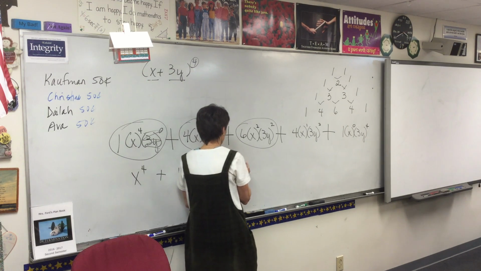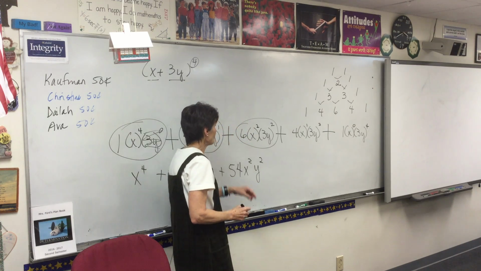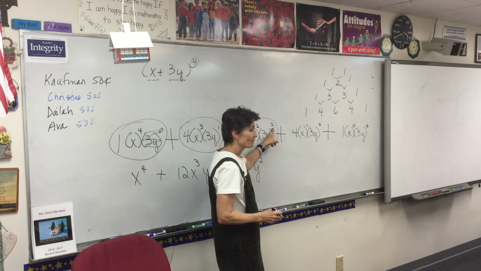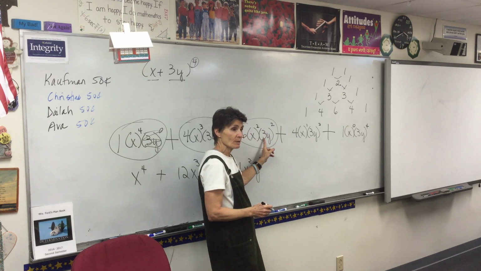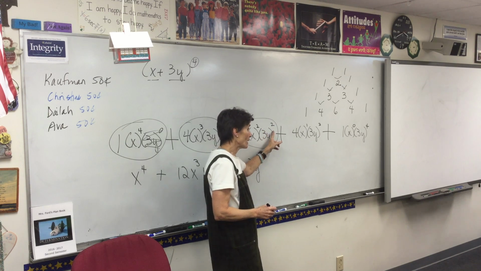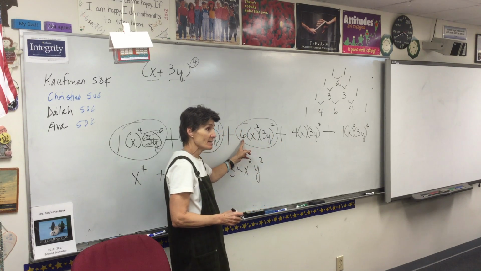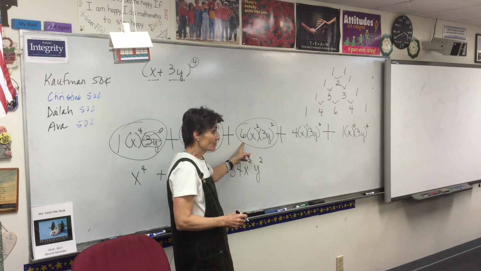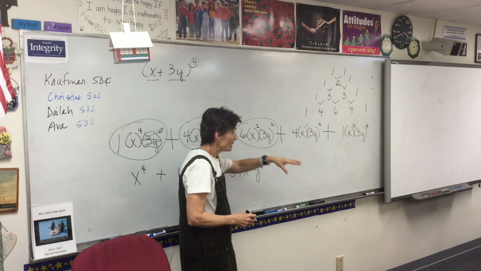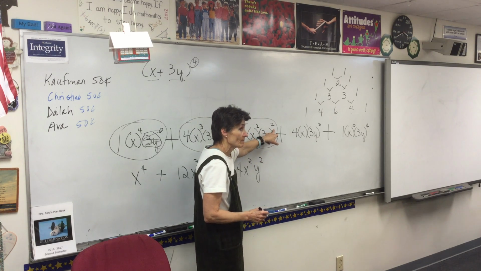It's 54 x squared y squared. Boys and girls, see this right here? That squared applies to the 3. What's 3 squared? 9, which has to be times by the 6. So 9 times 6, you got a calculator if you need it. It's 54, x squared, y squared.